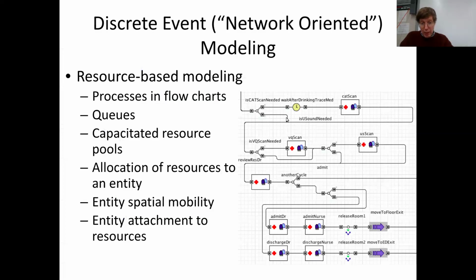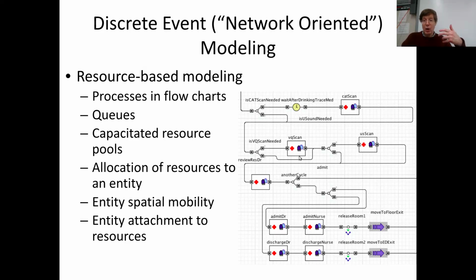Now, these workflows need not be linear. They can contain branches, they can contain merges, they can contain loops, and the routing can depend on aspects of an agent's characteristics or history in ways that are quite fine-grained. But there's a fundamental asymmetry here between the entities who progress along here.